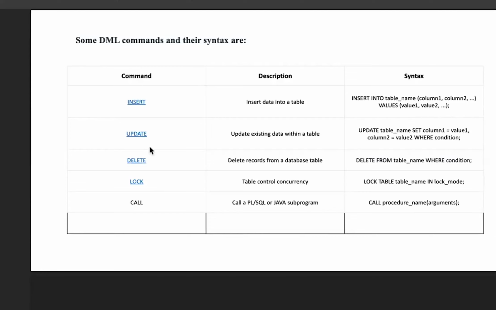UPDATE: you want to update data within a table, maybe a specific piece of data, where there are one or two changes. DELETE: you want to delete. Drop can work for that too, but you can use delete. You also have lock table, control concurrency, and call, which are not too important. The major ones are insert, update, and delete.